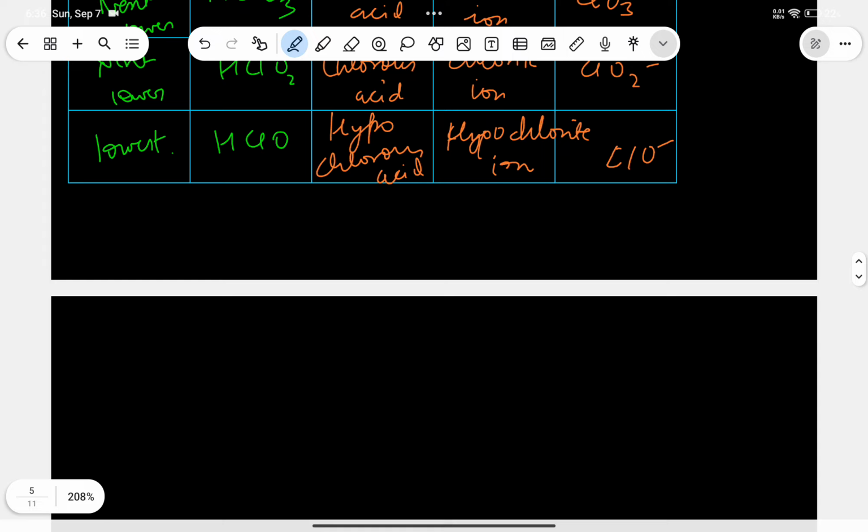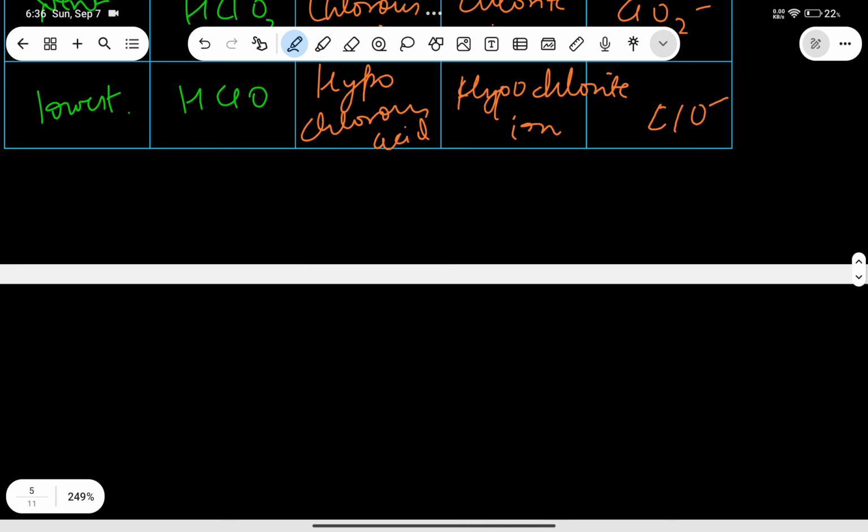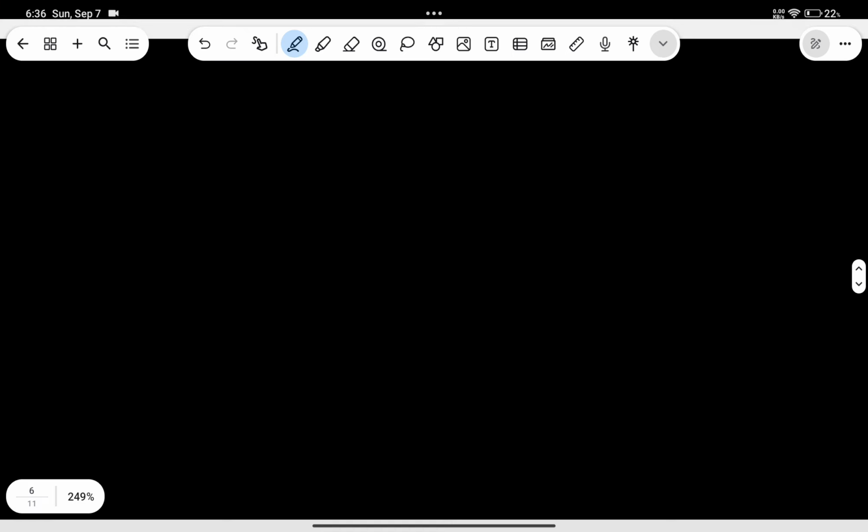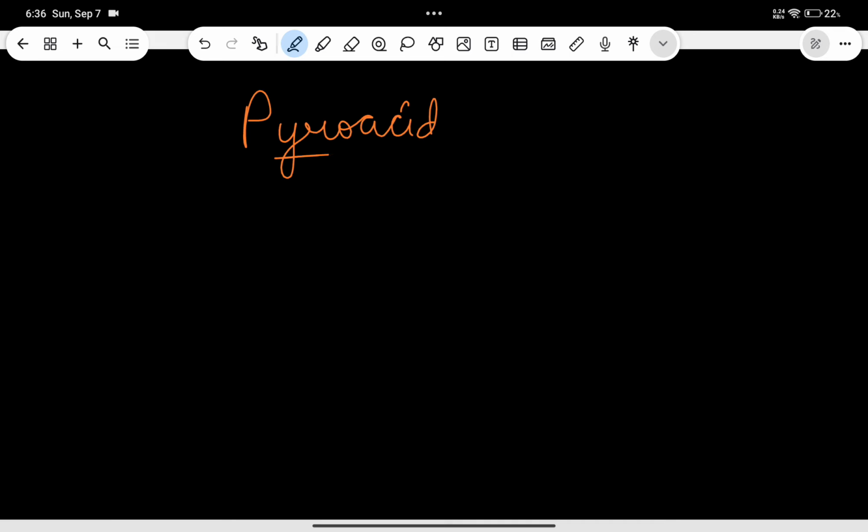So we have completed the whole oxyacid rules, and how to name oxoanions and everything. Now let's come to one of the most important things, which is pyroacid. How to actually understand the naming of pyroacid. See, pyroacid is formed when we remove one H2O molecule.